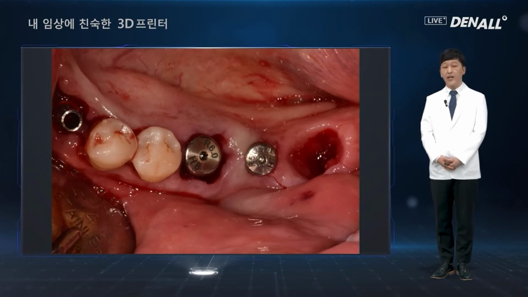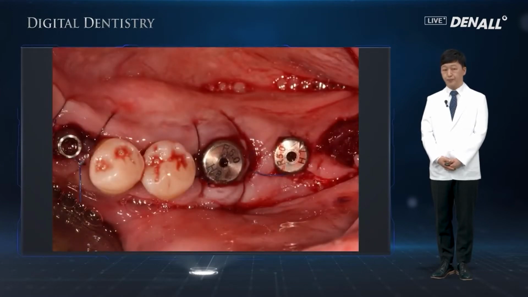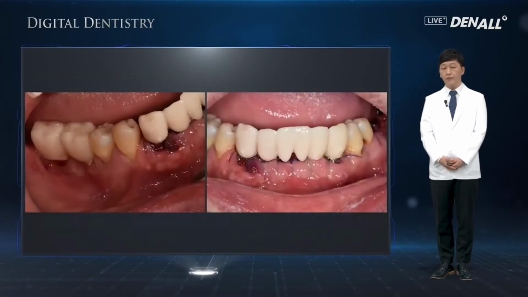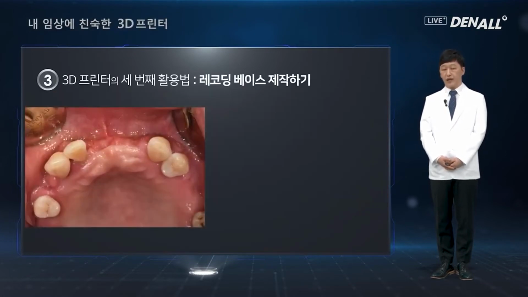Primary stability was not certain, so bone grafting was done and the temporary tooth was not connected. It is sutured. Temporary teeth were printed in advance before surgery. The anterior teeth and the right temporary crowns were completed like this.